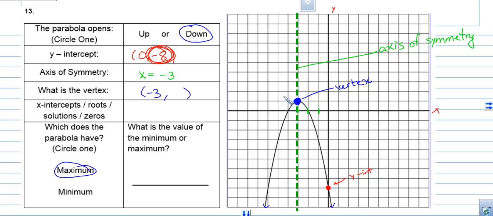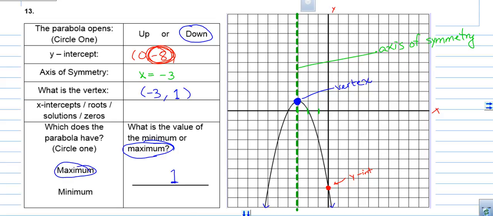So how far up or down is it? And it's up 1. And so that becomes our vertex. Now the great thing is our minimum or maximum value, which is, like we said, a maximum value, is the y value of the vertex. So it would be 1 right here also. Okay? So this -3 and this -3 are the same number, and this 1 right here and this one down here are the same number.